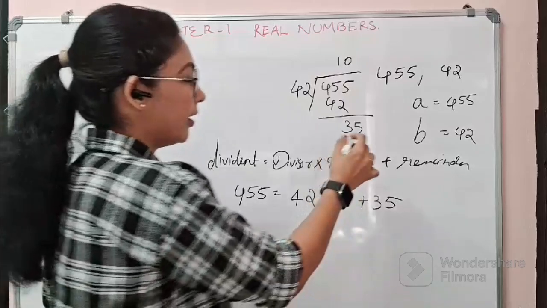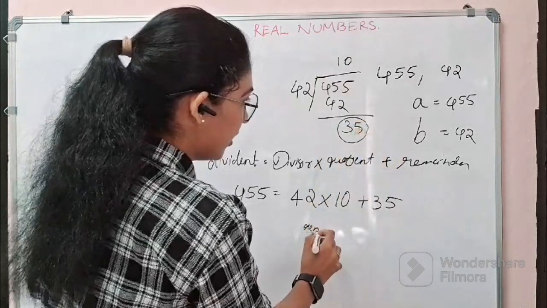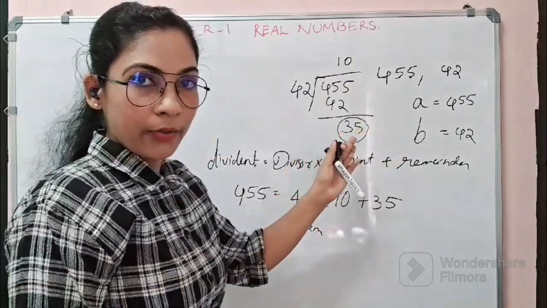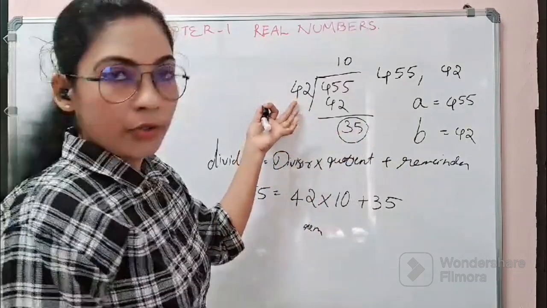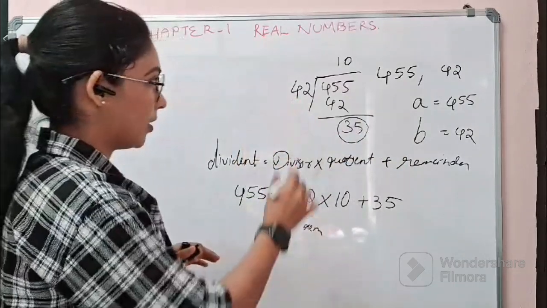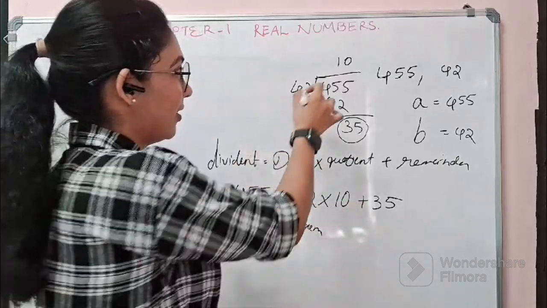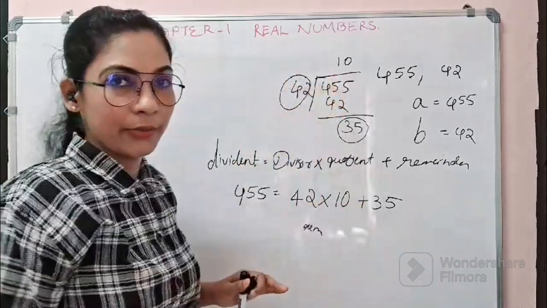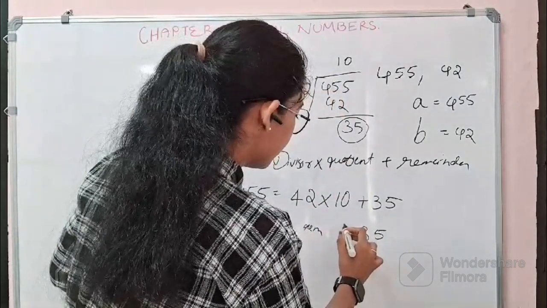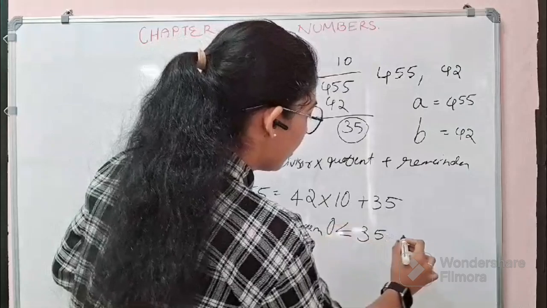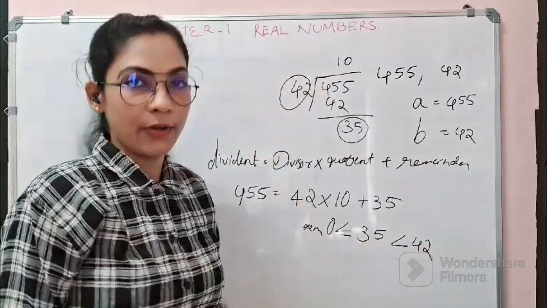It is clear that the remainder 35 is greater than or equal to 0 and less than the divisor 42.